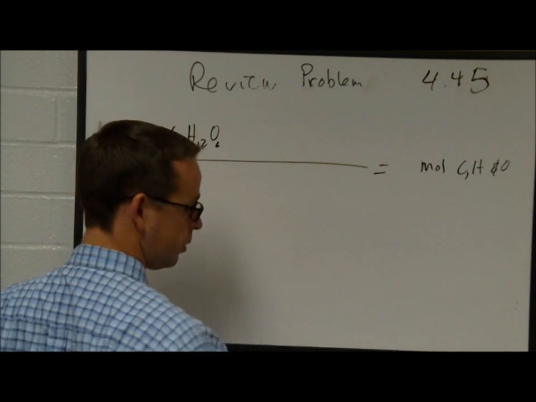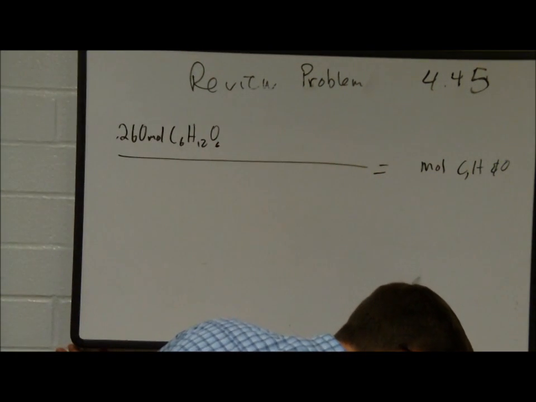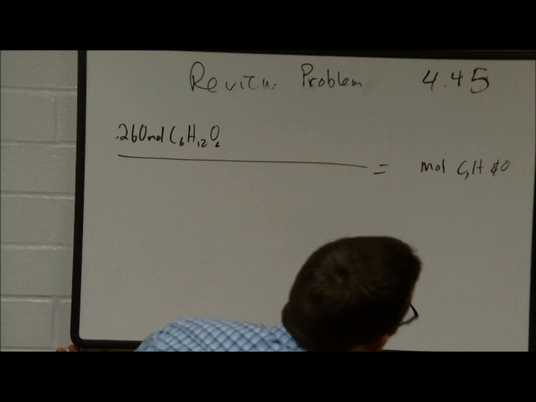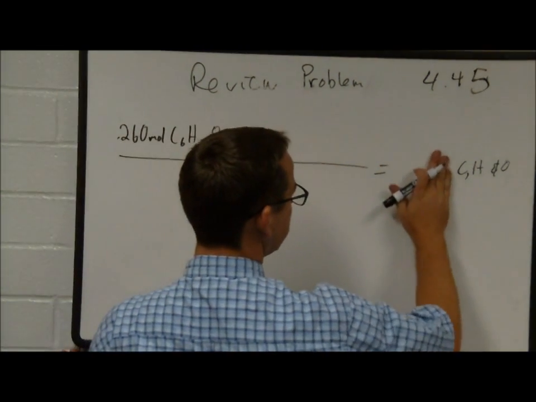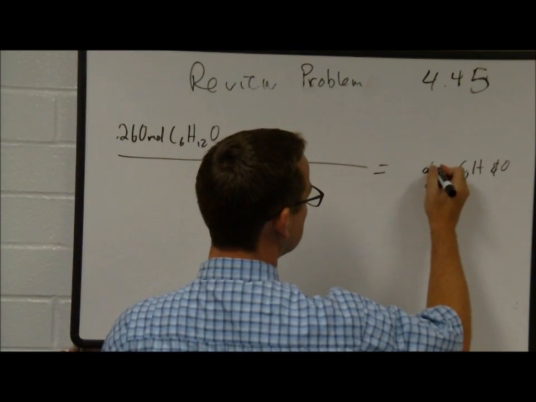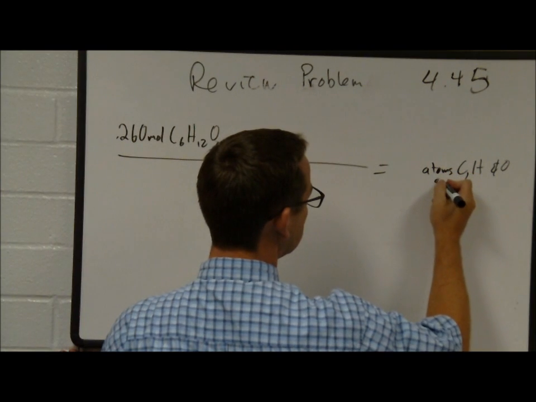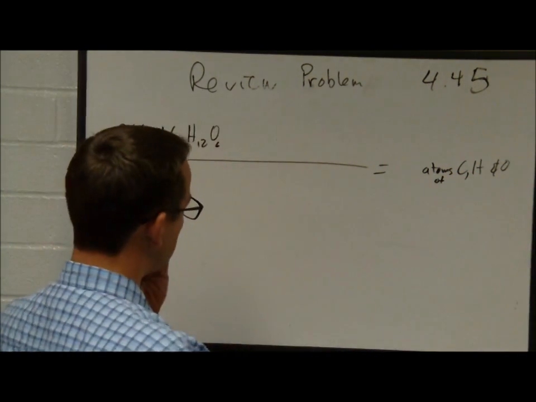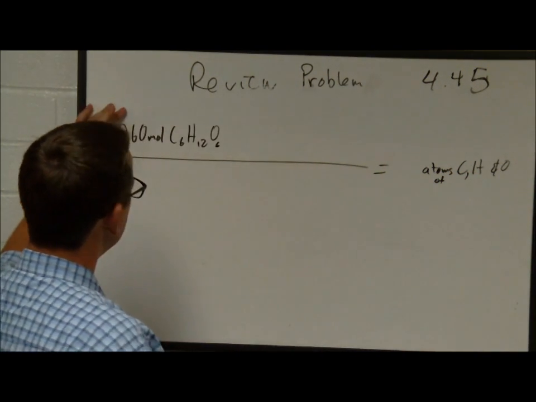Then we want moles of that stuff, right? What's the total number of, no, not moles of this stuff, total number of atoms. Atoms of carbon, hydrogen, and oxygen all combined. All right, this is how many moles of this.